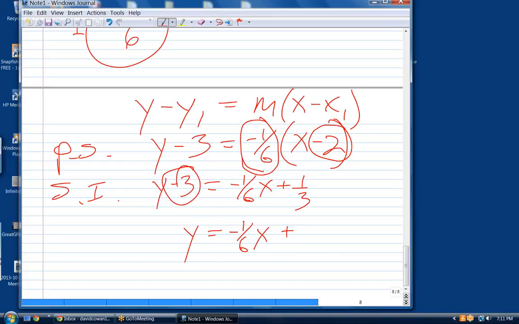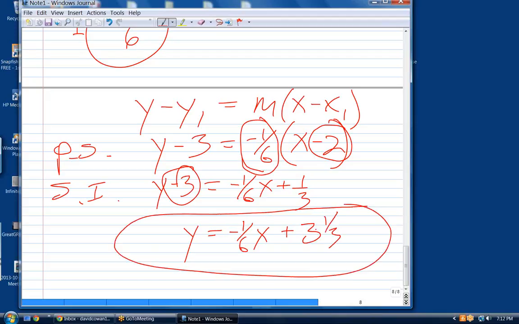So we're trying to find the... I'm trying to put this into slope-intercept format. In order to put it into slope-intercept format, I have to solve it for y. So plus 3 on both sides. But wait, what happened to the negative 1/6?